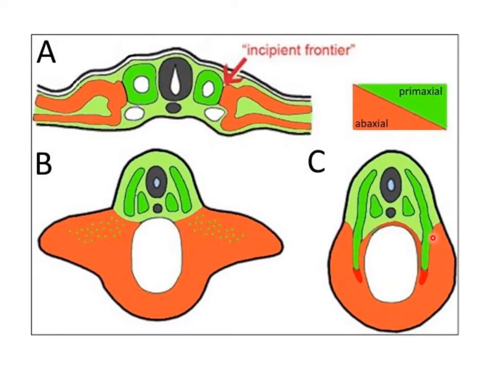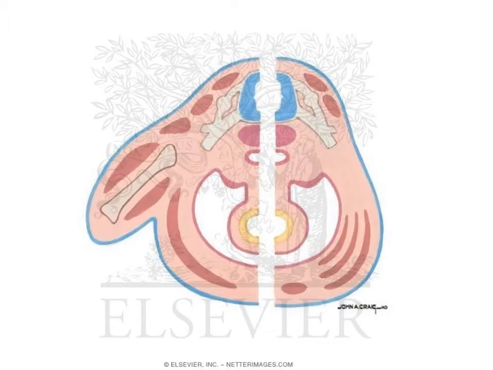And this is in C. Part of the somites are involved in the abaxial domain. As we see, the primaxial forms certain types of muscles, and the abaxial forms certain types of muscles, and we will explain this later.